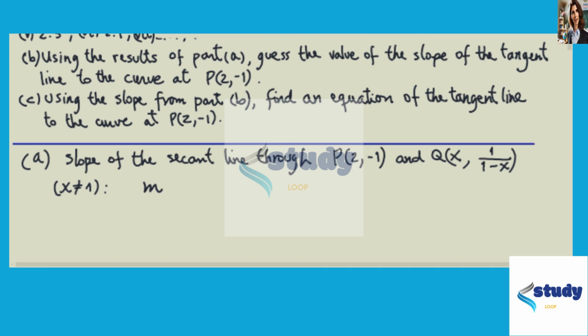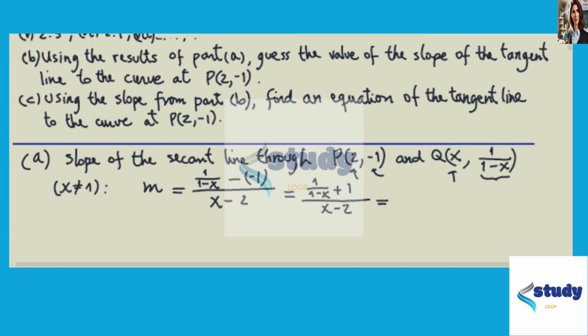Called the slope m, the expression will be 1 over 1 minus x, which is the y coordinate of the point Q, minus the y coordinate of the point P, that is -1, minus (-1). And in the denominator, we get the first coordinate of Q, that is x, minus the first coordinate of P, that is 2. And this gives us 1 over 1 minus x plus 1 over x minus 2.